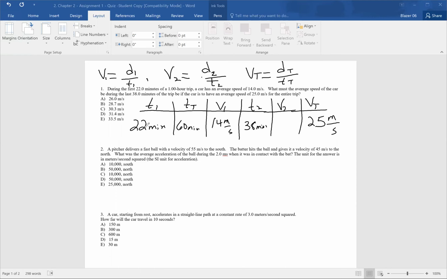So that means you can find, first, D1 because you know V1 and you know T1. Then you're going to find D total, because you know V total and you know T total. And from there, you're going to find D2. You can work on any part of that.